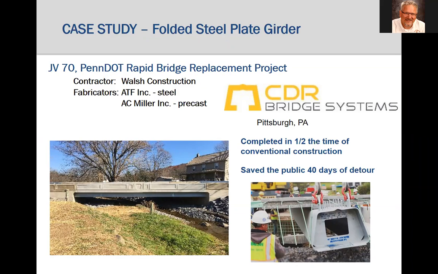This folded steel plate girder system from CDR Bridge Systems out of Pittsburgh was used on 7 of the accelerated bridge construction projects. In each case, with the folded steel plate girder, construction was completed with closures of only 30 to 35 days. This example, the JV70 bridge, is one of those that was constructed by Walsh Construction. The modular system installed with ABC saved time and inconvenience to the public.